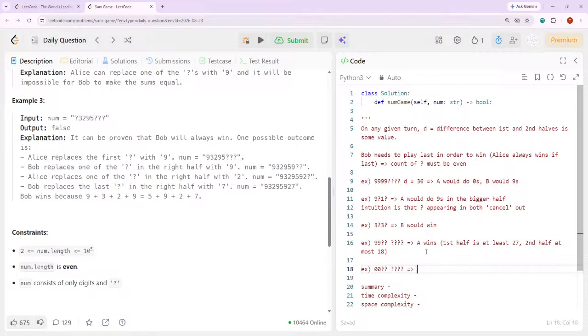So if it's 2 zeros, 2 question marks, I think this is a Bob win. Like in theory, if this was 0 0 question mark, Bob wins, right? No, Bob loses. What the fuck?